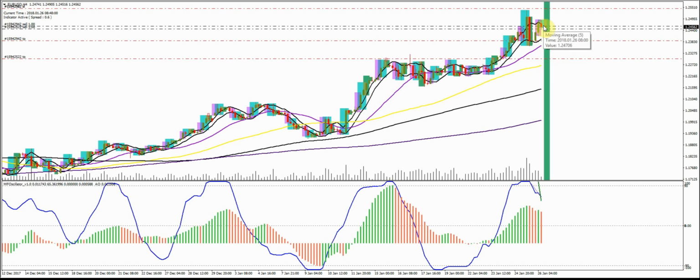If it does, then there's potential for this downside move to continue. However, if it does hold up here, then there's potential that we could get this break up, a continuation of this break higher.